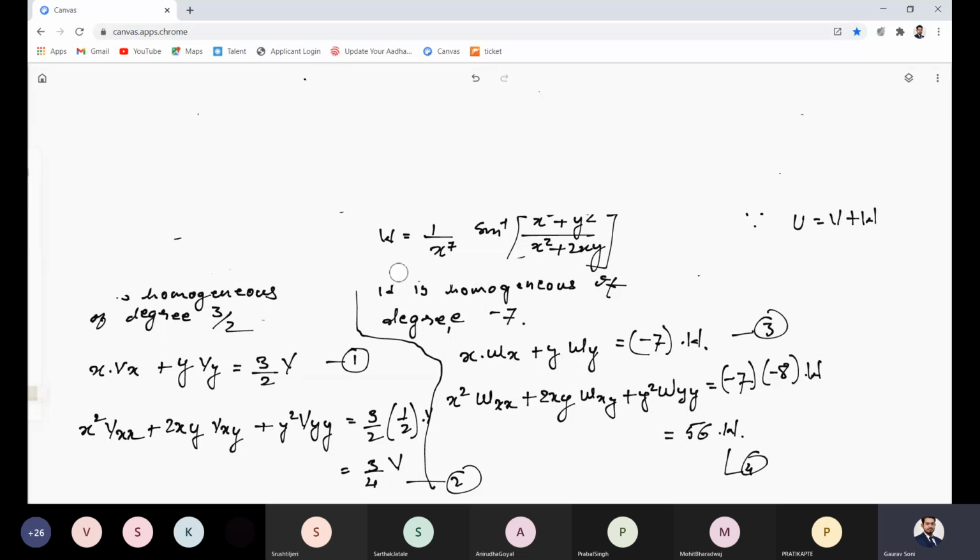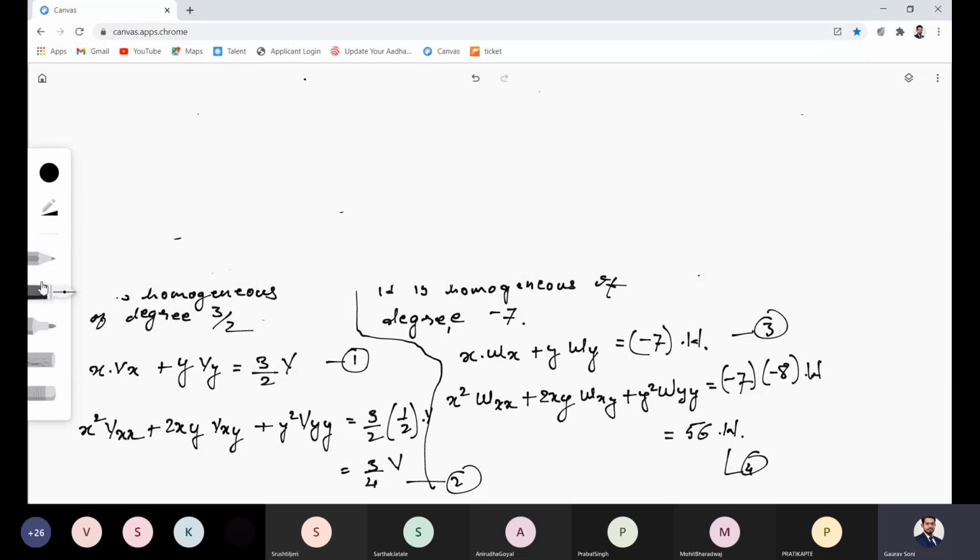While adding, you have to keep in mind that we need u with respect to x, not v and w. So accordingly, we will also have to make the adjustments there. So we'll have x square vxx.